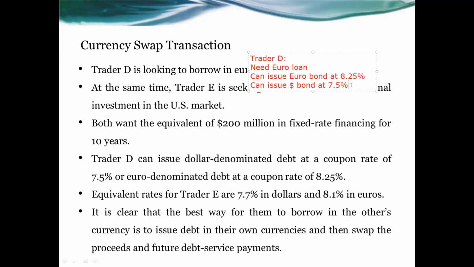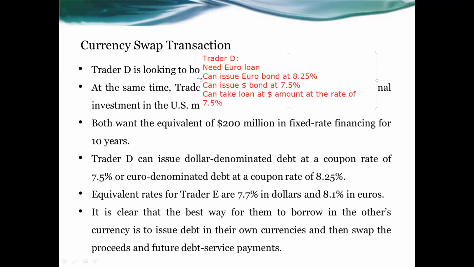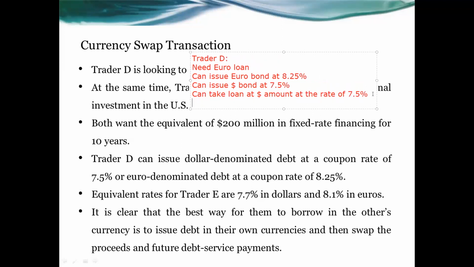But what is the actual requirement for trader D? The actual requirement is a euro denominated loan. So trader D will get a benefit: he can take a loan in dollar amount at the rate of 7.5% interest.